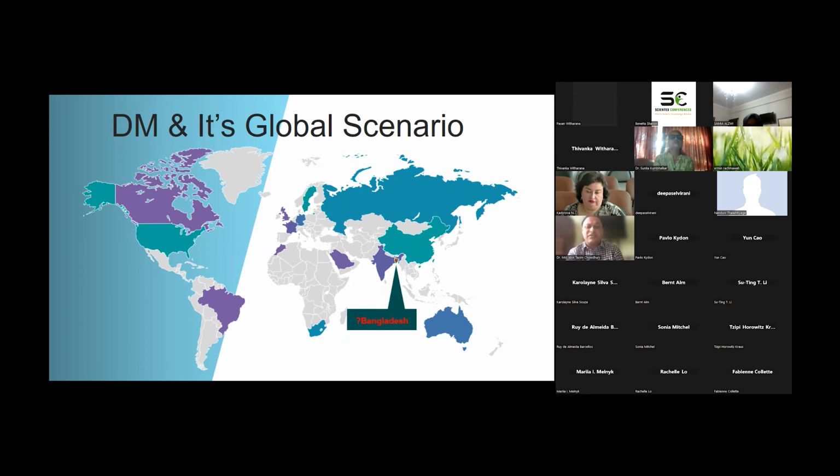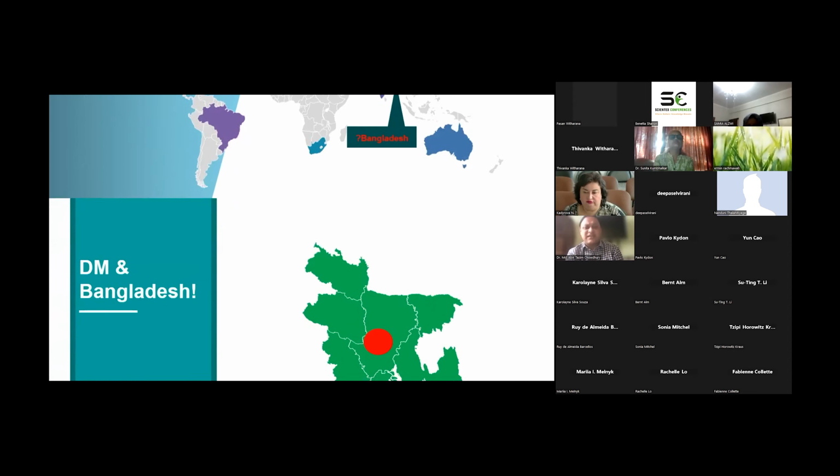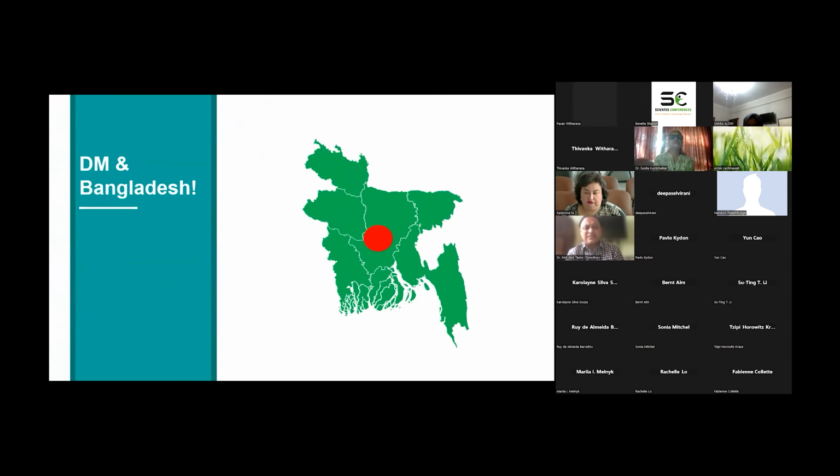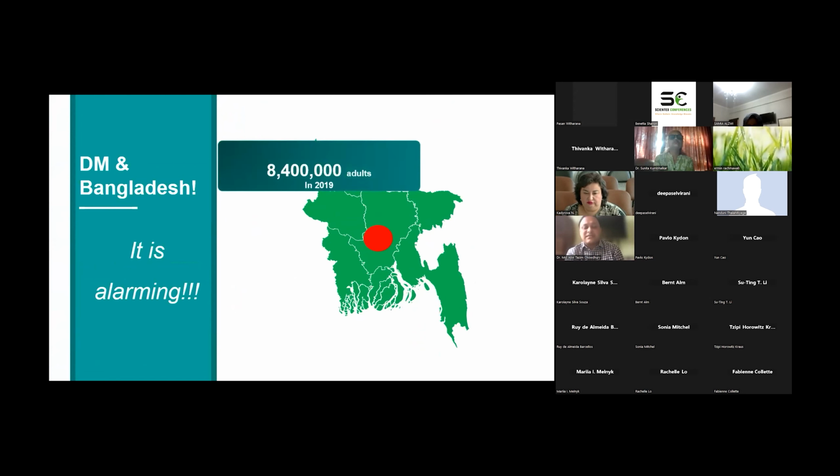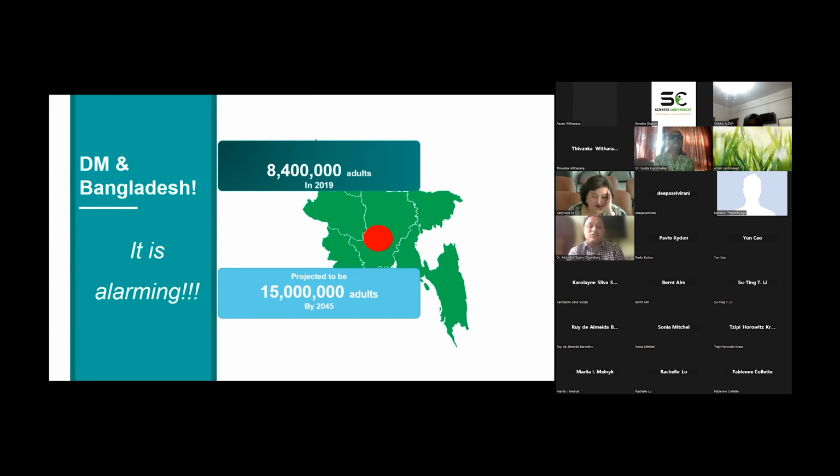So what about my beloved country, Bangladesh? Diabetes mellitus in Bangladesh is really alarming. The study showed that 8.4 million adults were suffering from diabetes in 2019, and it is projected to be 15 million, that is double, by 2045.